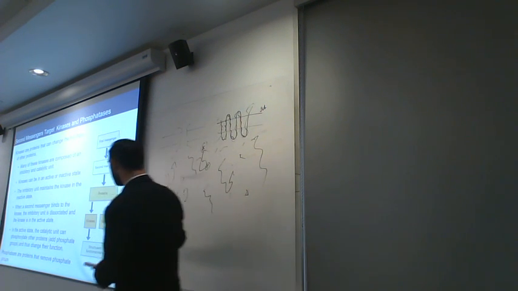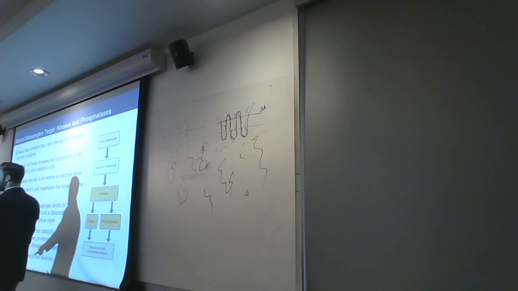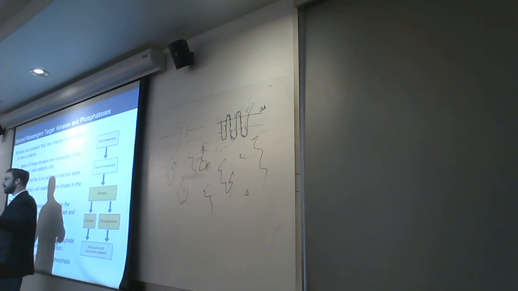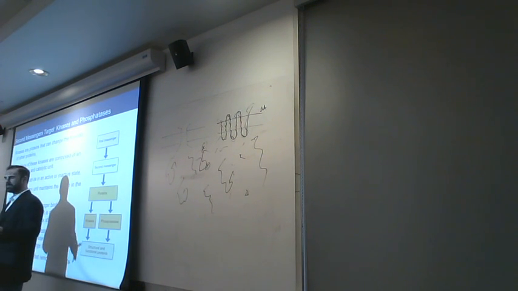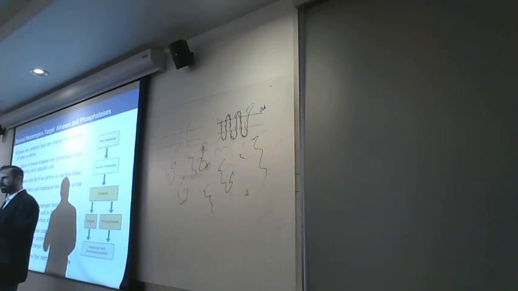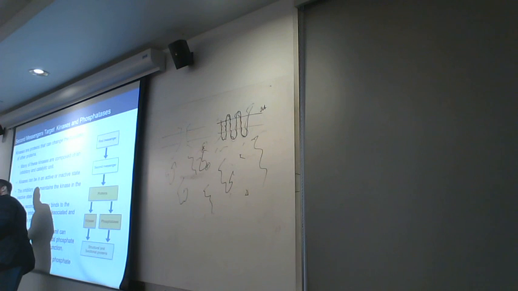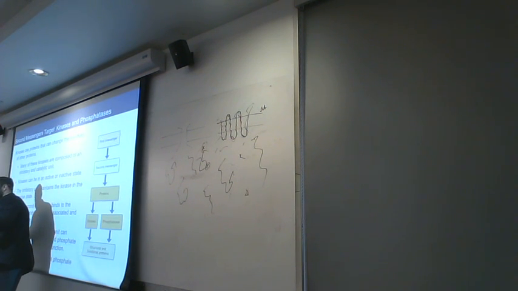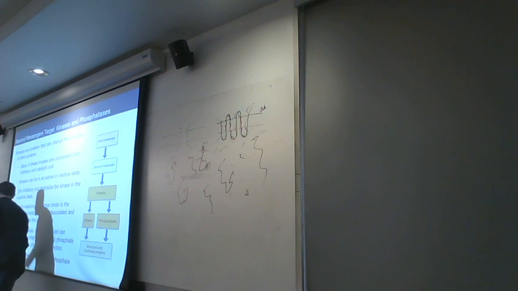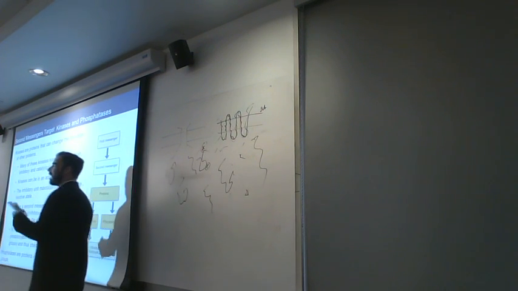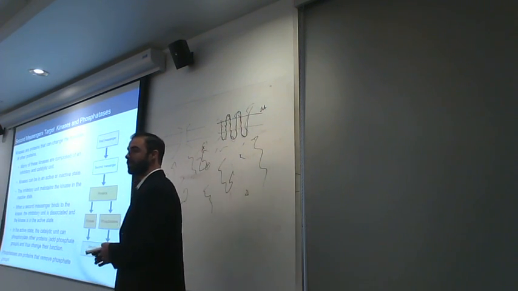Same thing here. Here's a phosphatase. I know this is a lot of vocabulary, so I'm trying to tie together ways to compartmentalize it. You have a phosphatase. It's just like acetylcholinesterase that breaks down acetylcholine.